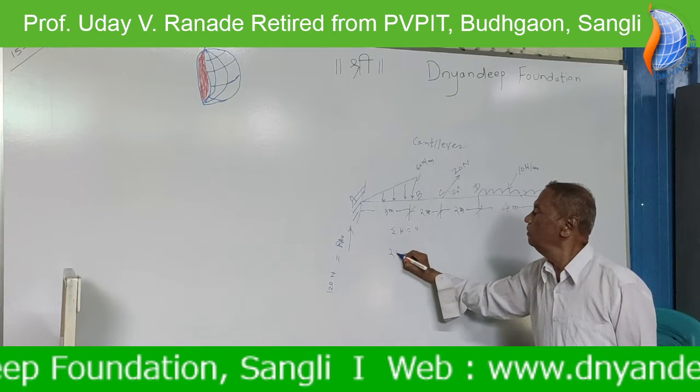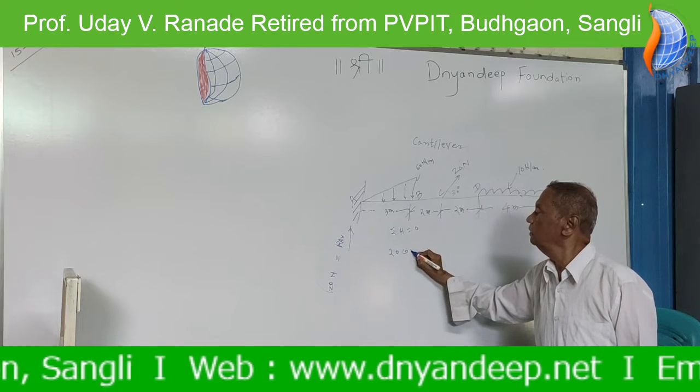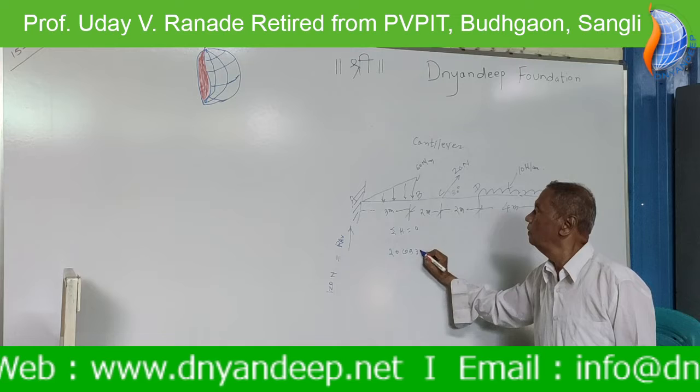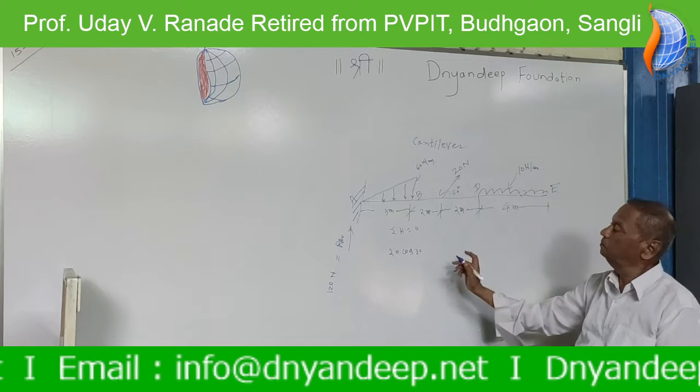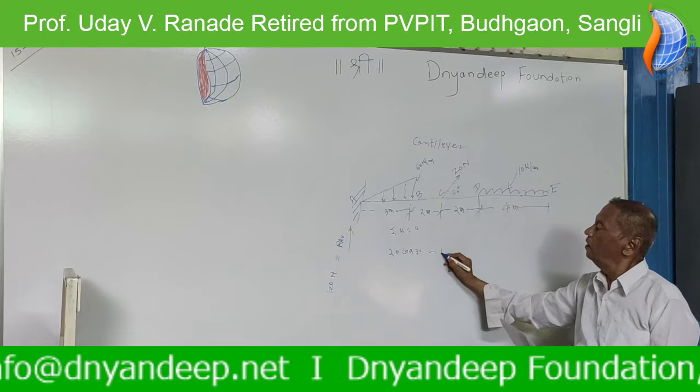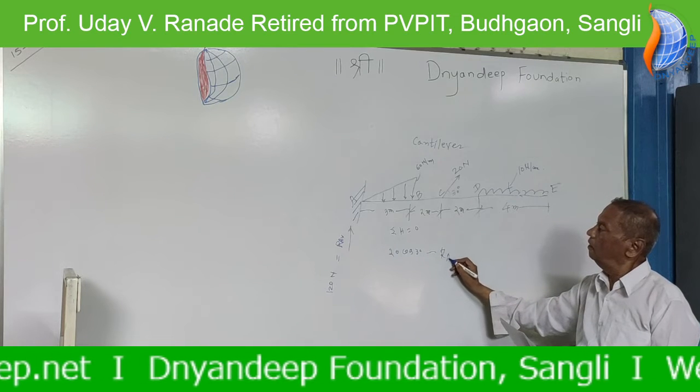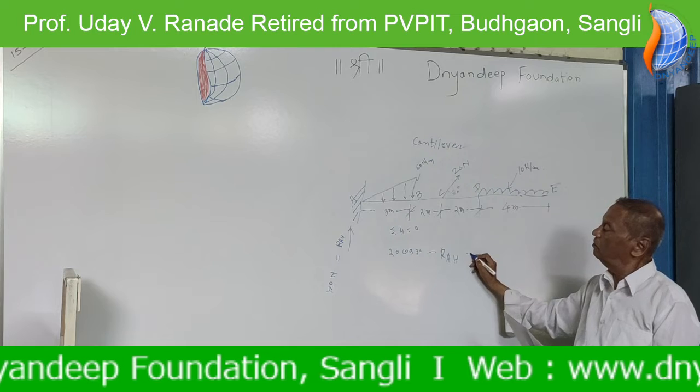So 20 cos 30, this is plus, minus RAH equal to 0.